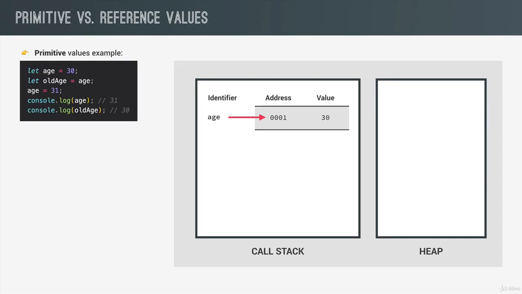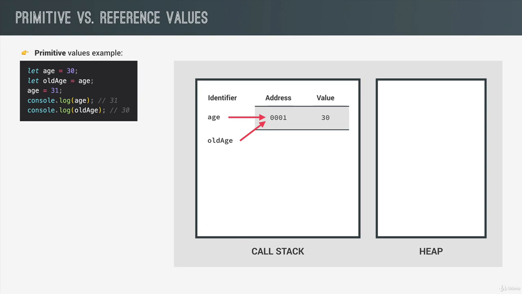And this subtle distinction is very important to keep in mind. Now, in the next line, we declare old age to be equal to age. So, knowing that a variable actually holds a memory address, what should old age look like? Well, it will simply point to the same memory address as the age variable. And so, it will look like old age is simply 30 as well.